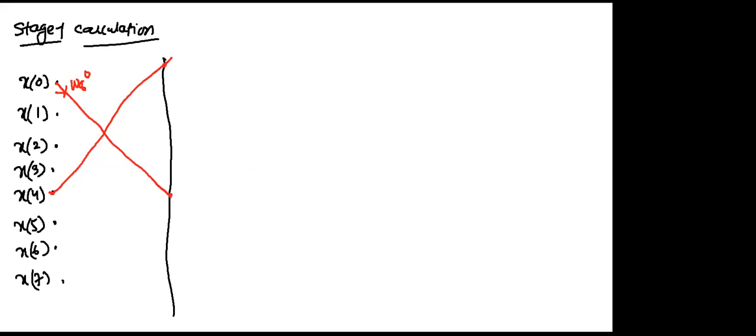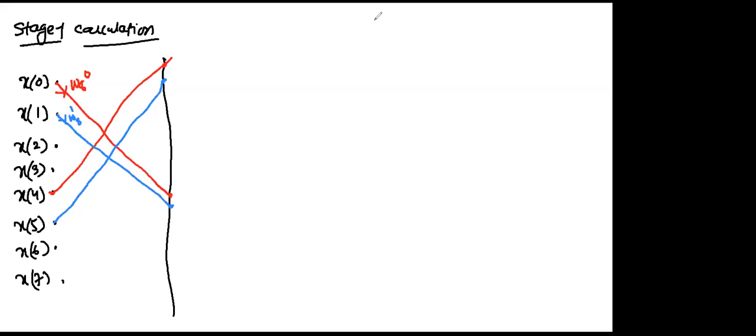Then next butterfly, same. First is important, next is easy. Then x1 to x5, just a gap of 4. X1, this is x5. Okay, these are the outputs. And this is omega 8 1.